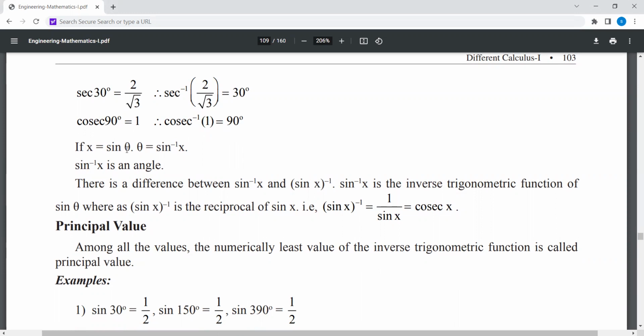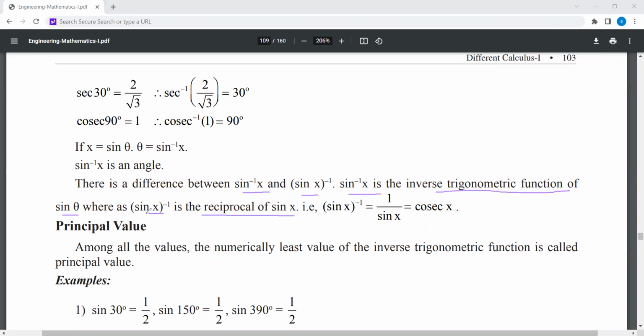If x is equal to sine theta, then theta is equal to sine inverse x. Sine inverse x is an angle. There is a difference between sine inverse x and sine x raised to minus 1. Sine inverse x is the inverse trigonometric function of sine theta, whereas sine x raised to minus 1 is the reciprocal of sine x.